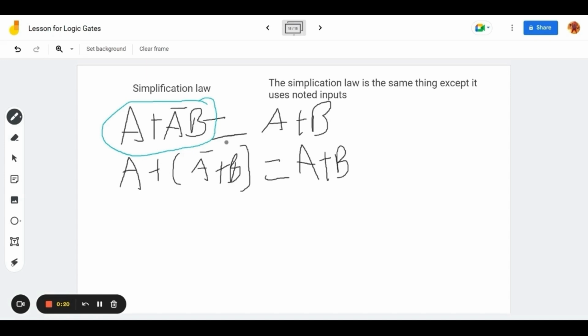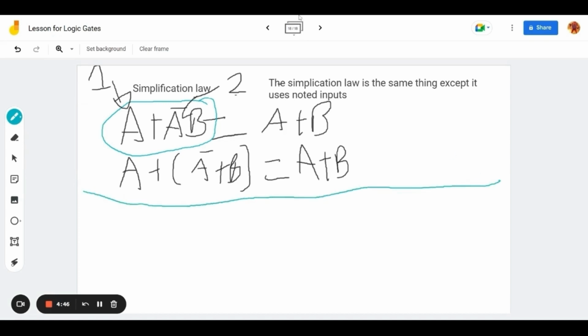And remember, just like the absorption law, you cannot use this law if there's more than three inputs here. There needs to only be one input on this side, and there cannot be more than two inputs on this side. That's how it works. So that is our simplification law.